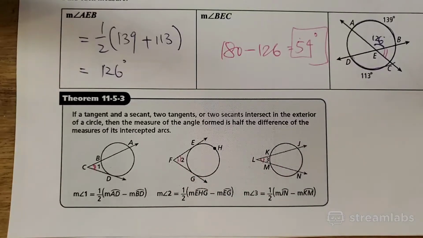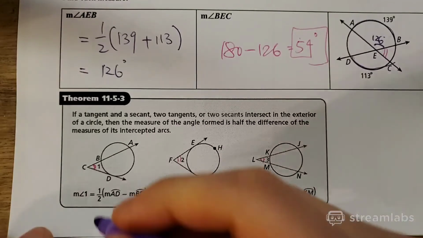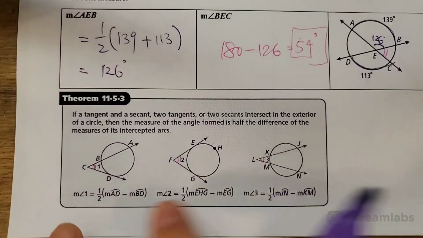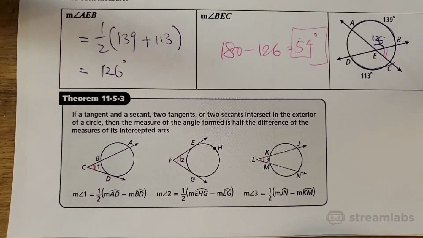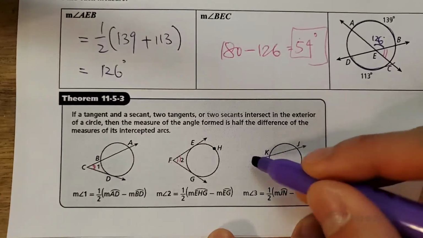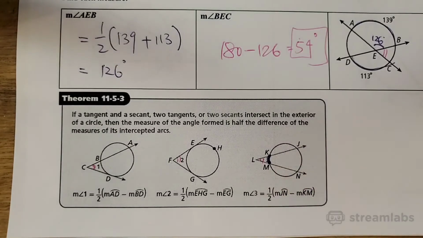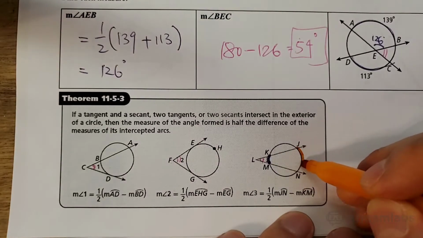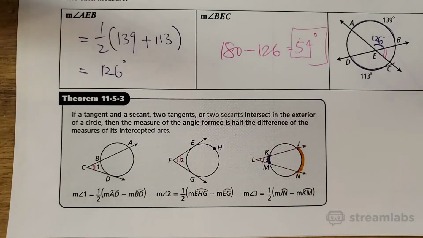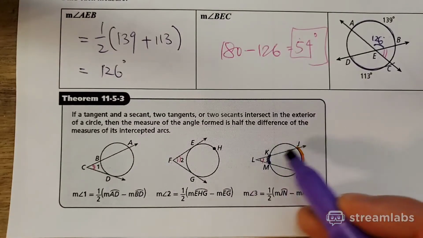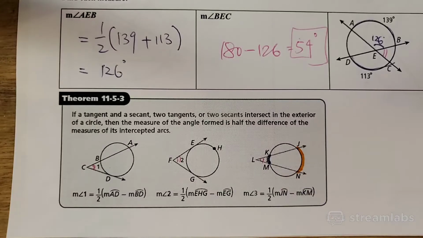So first of all, we're gonna identify how the arcs are related. The one I want to mention first is the one on the right, because that one's the most obvious one. When you use these two secant lines, it cuts this arc and this arc. Right? Can you tell? The two lines cut, the angle is related to these two arcs.